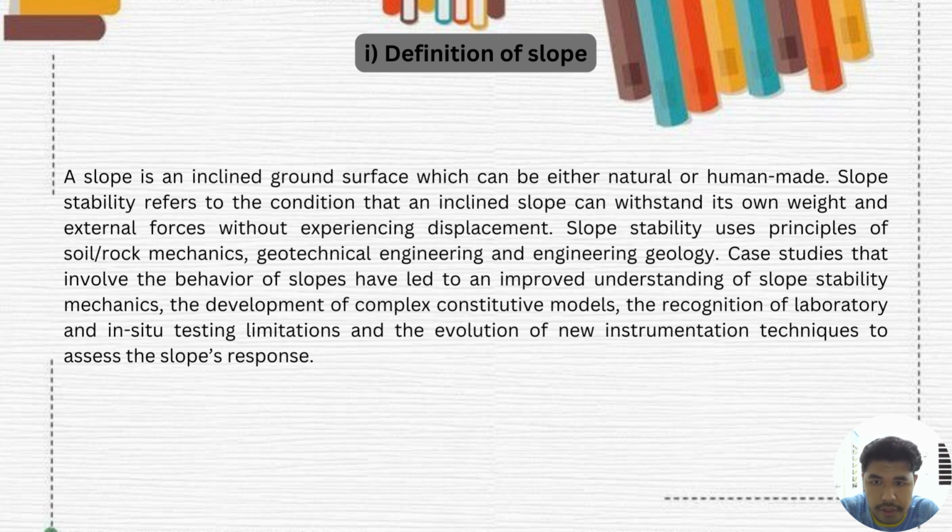Studies that involved the behavior of slopes have led to an improved understanding of slope stability mechanics, the development of complex quantitative models, the recognition of laboratory and in situ testing limitations, and the evolution of new instrumentation techniques to assess the slope response.